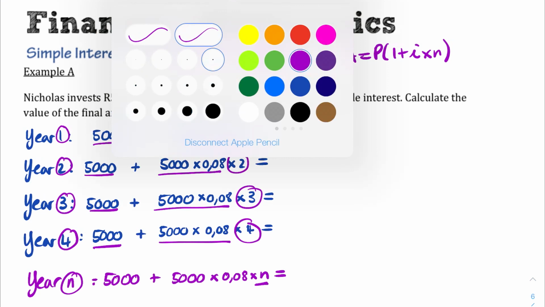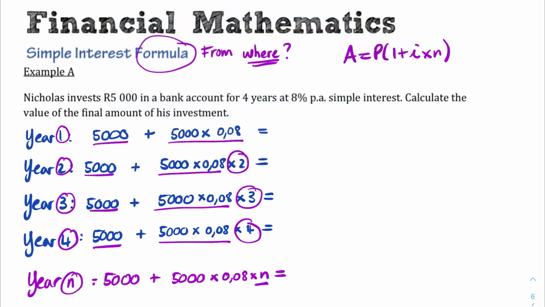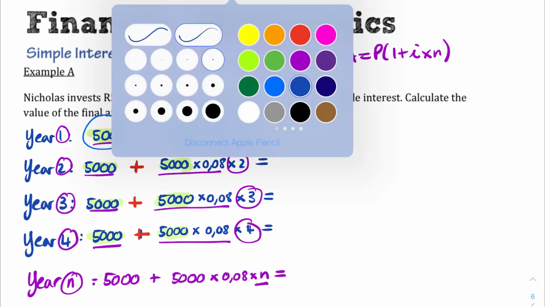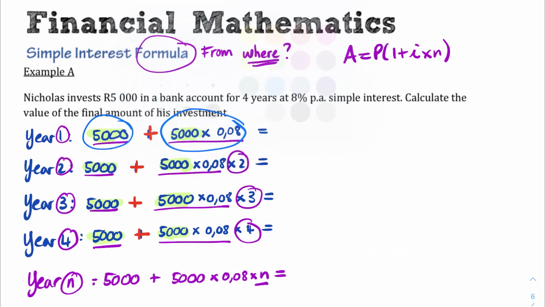So now we need to remind ourselves of another mathematical idea that we've encountered already. If I look here, in each one of these things, we've got 2 algebraic terms. This plus separates our 2 terms in each case. And what do we notice with those 2 terms is that we've got a common factor of 5,000 Rand. So what can we do with that common factor?